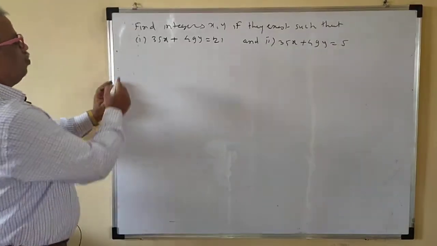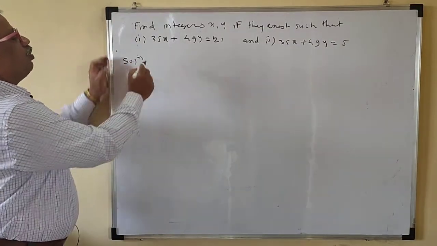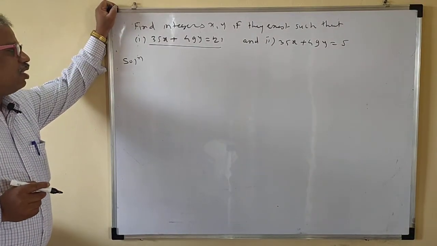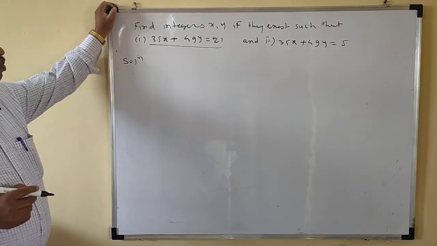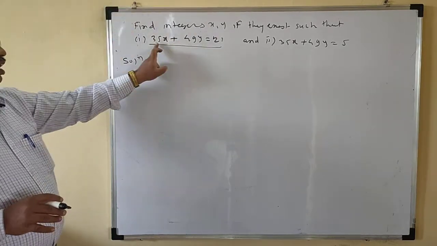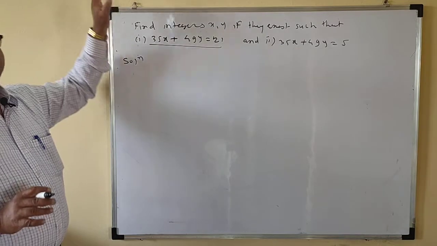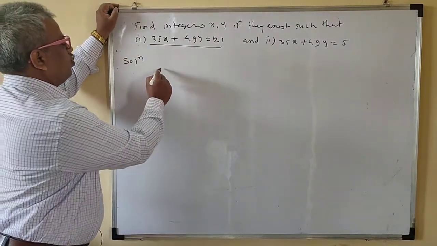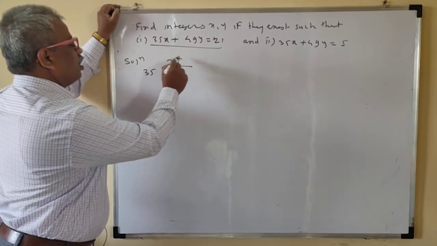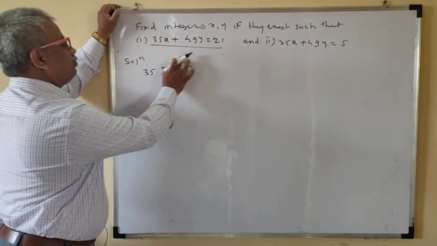Okay, solution. Now here what? 35 and 49. So do the division algorithm for 35 and 49. That means the Euclidean algorithm for 35 and 49 up to the remainder. So now this is your 49, this is your 35. 1 will be here.